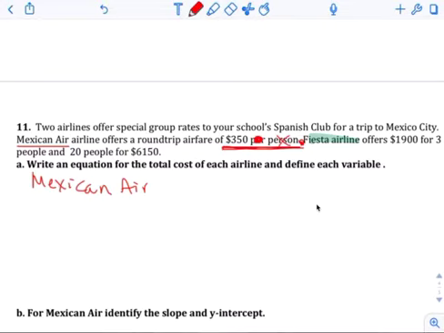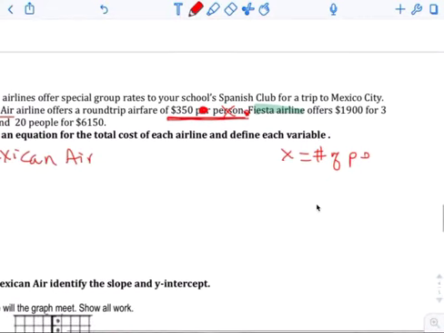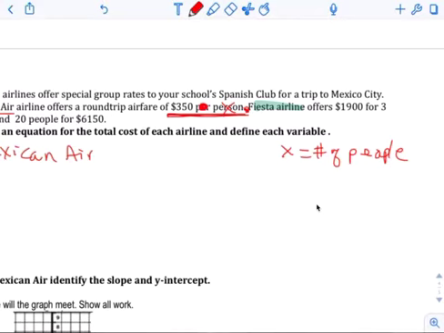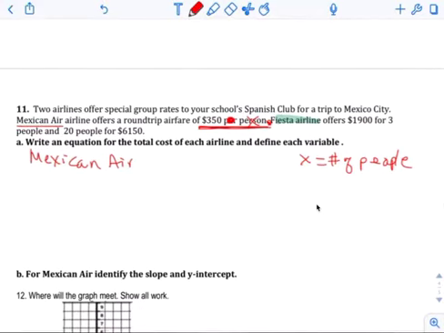Times x, x represents the number of people or persons. So you get 350x equals, that's how much they charge, so it has to be cost. y is cost in dollars.